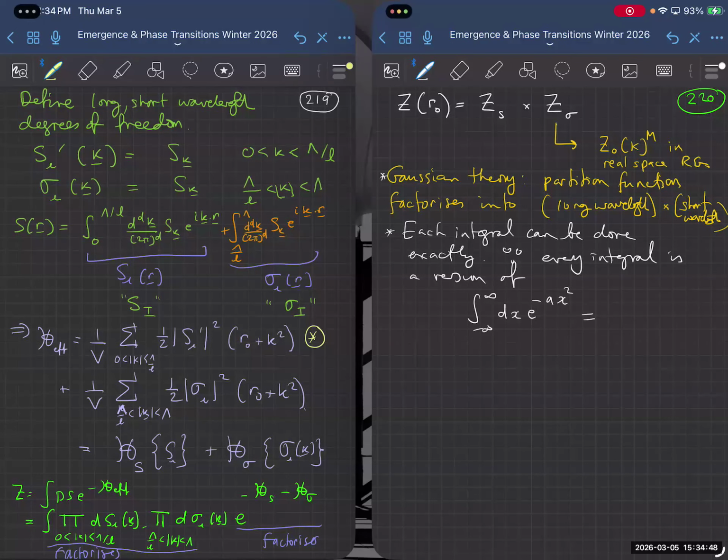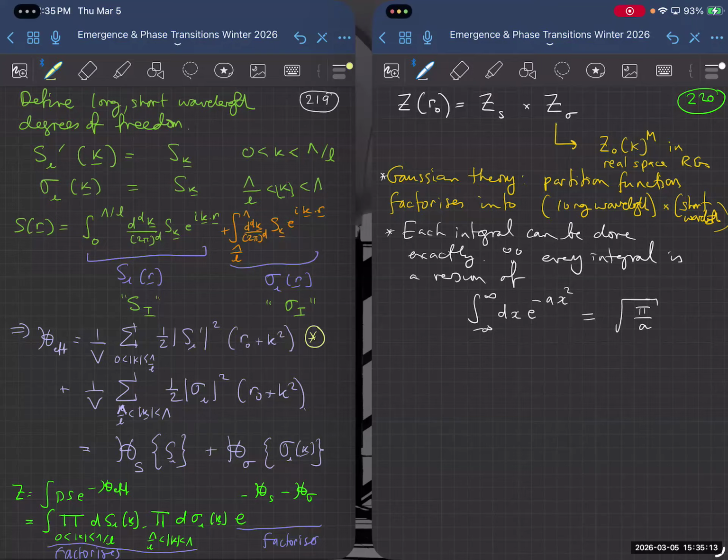Okay, and you learned what that integral is. What is that integral? You learned this on your mother's knee. Yeah. So if you know that integral, then you know everything, you can do everything in field theory.